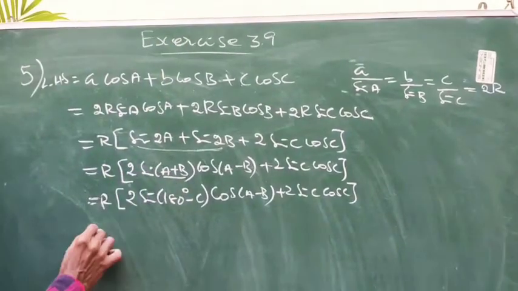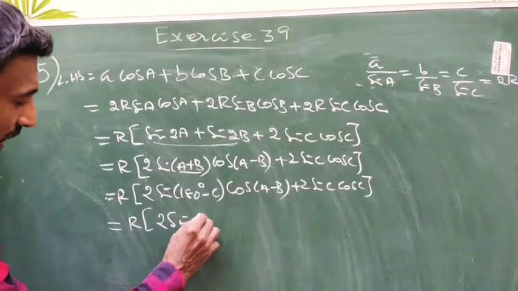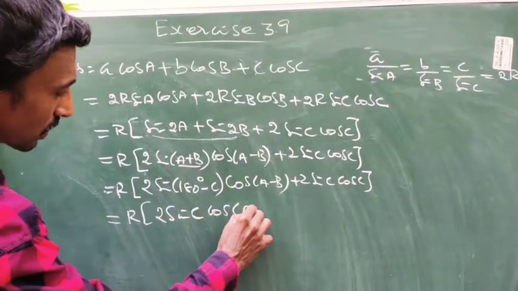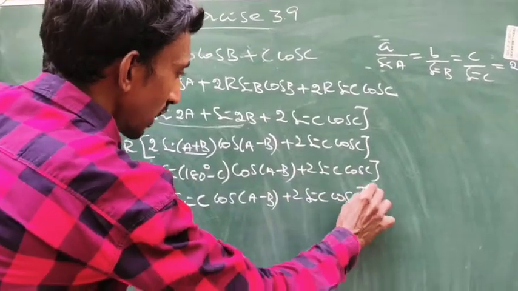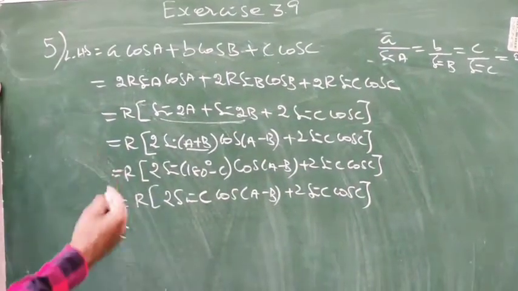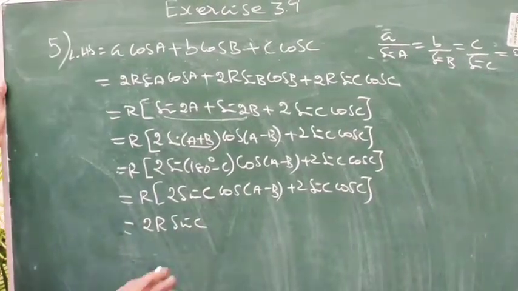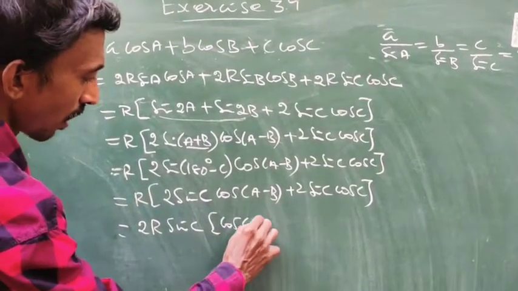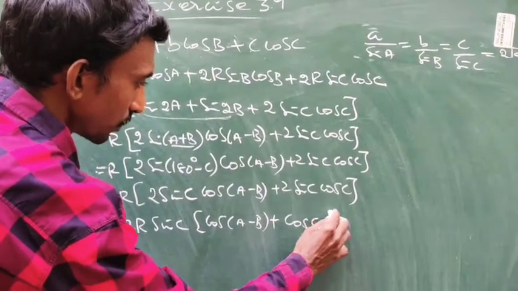So r into 2 sin (180 minus theta), which is sin theta. So cos (a minus b) plus 2 sin c cos c. We can take 2 sin c outside. So 2r sin c into the remaining, cos (a minus b) plus cos c.